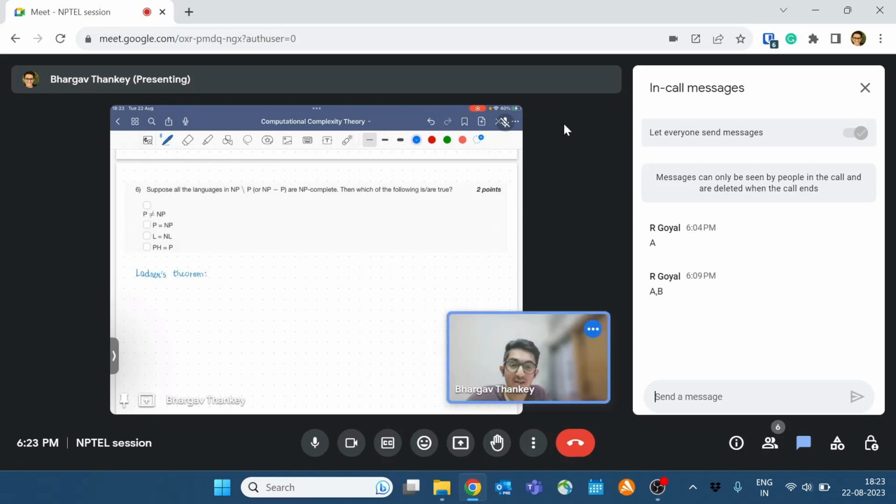The accurate statement would be this: if P not equals NP, then NP minus P is not empty, right? Because an NP intermediate problem can only exist if P and NP are different. If P and NP are the same, there is no NP intermediate. So Ladner's theorem says this.